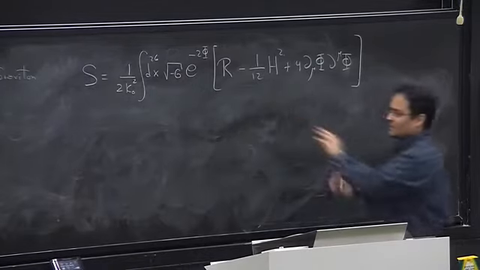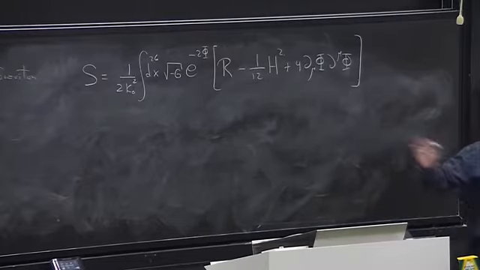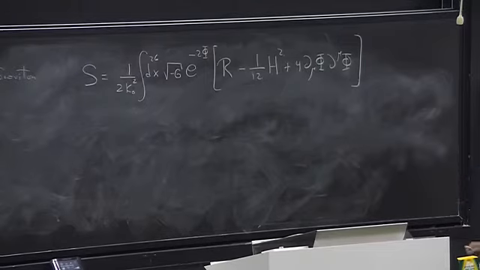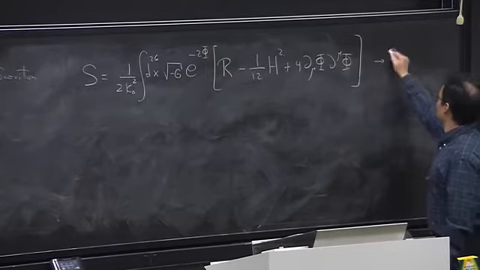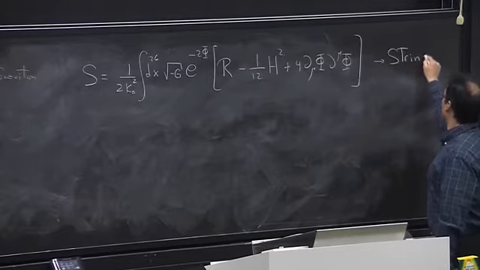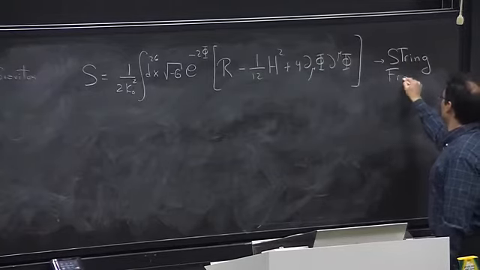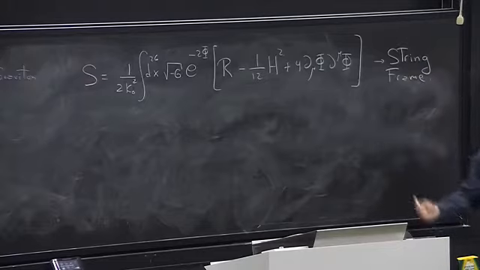Well, but you see, that's the thing that comes naturally from the equations of the string worldsheet being conformal. So people call this form of the metric a string frame, even though there is nothing that looks stringy; it just looks like a regular action.